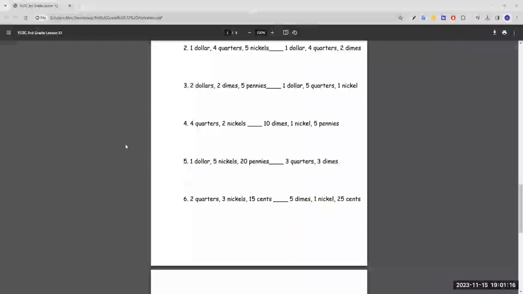Number 5, $1, 5 nickels, and 20 pennies. And on the other side, it's 3 quarters and 3 dimes. So $1 is $1. 5 nickels is 5 times 5 cents, which is 25. 20 pennies are just 20 cents. 3 quarters are 25 times 3, so 75 cents.